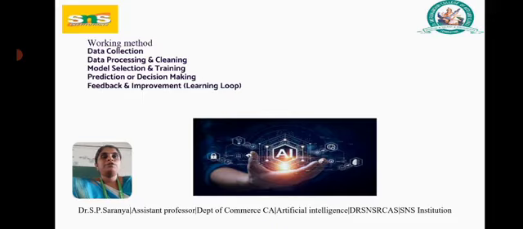For example, if you are building an AI to recognize cats, you give it thousands of cat photos. So if you are building an AI to recognize cats, we have to give it thousands of photos of cats. This is the data collection, and then comes data processing and cleaning.